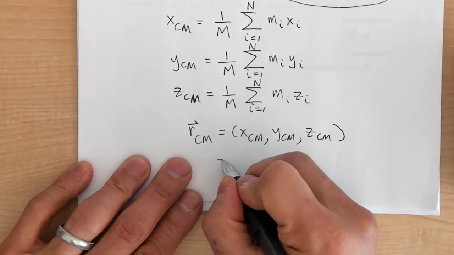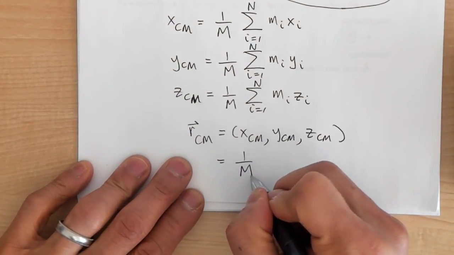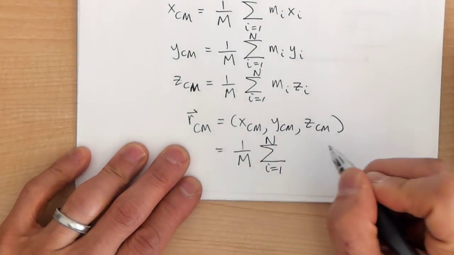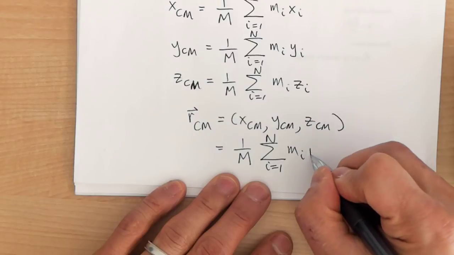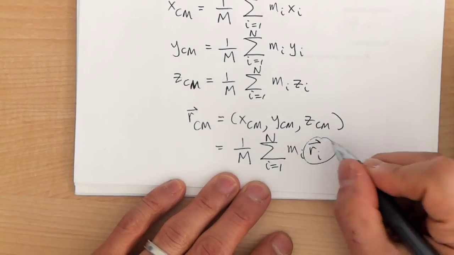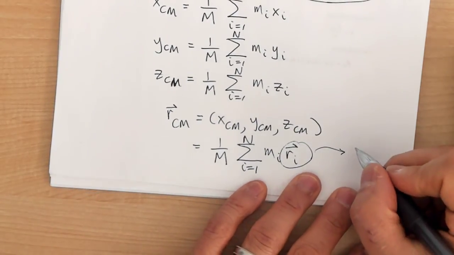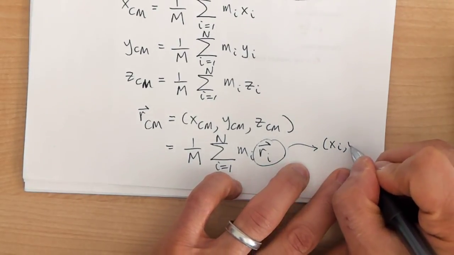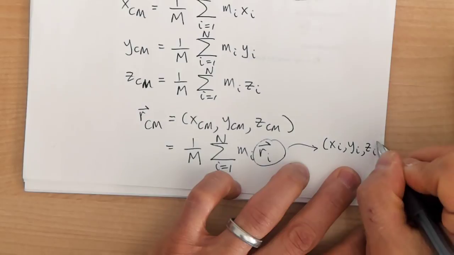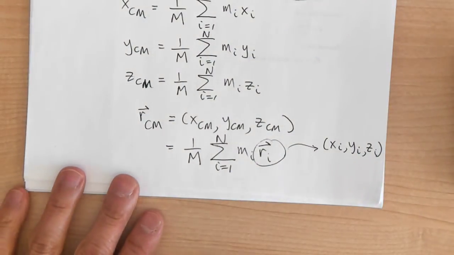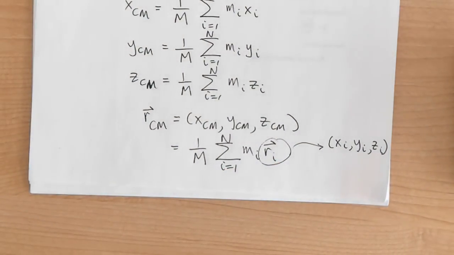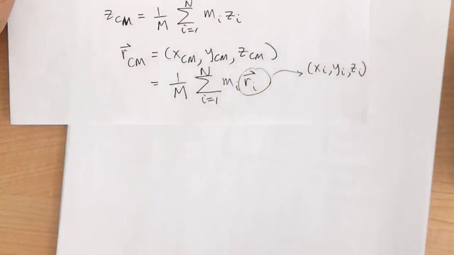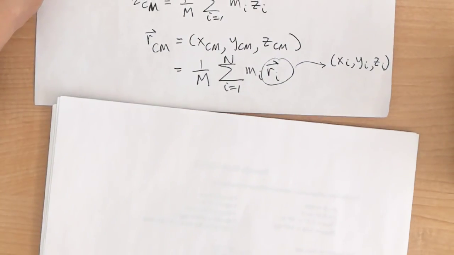This would then be written as 1 over m, the sum from i equals 1 to n of m_i r_i as a vector, where these are just the positions of each little piece, x_i, y_i, z_i. Hopefully this is pretty straightforward. This is how we can calculate the center of mass of a collection of particles.